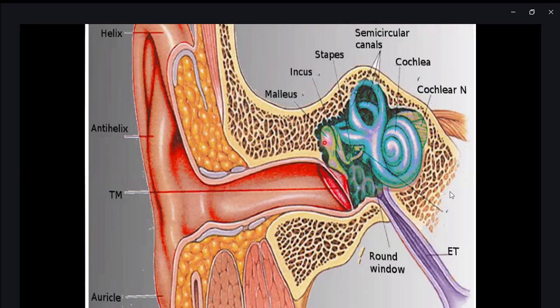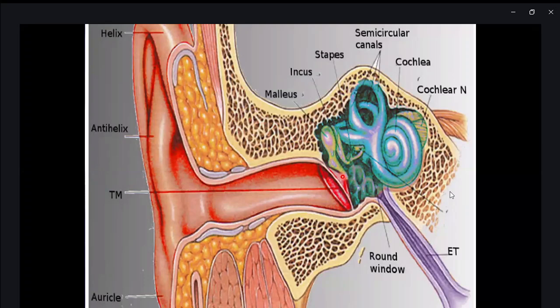Within the middle ear, we have these bones that amplify the vibrations of the tympanic membrane. This comprises the malleus, incus and stapes, and they have joints, and muscles attaching to them.